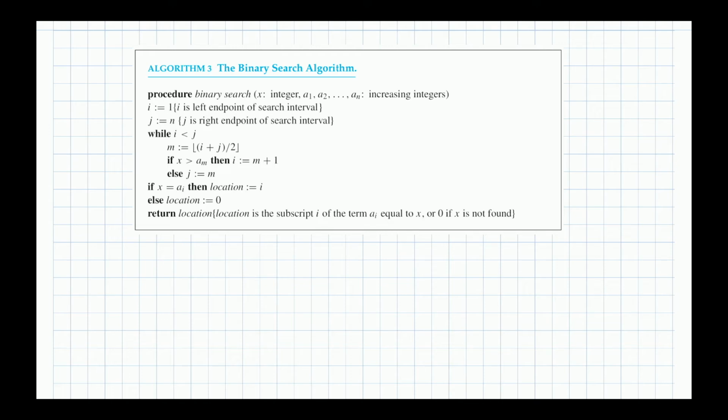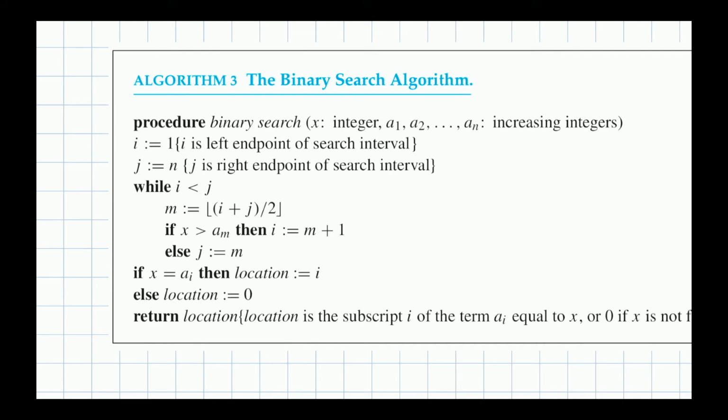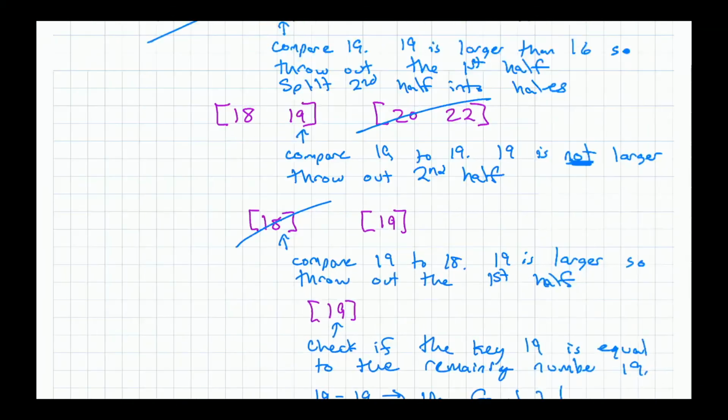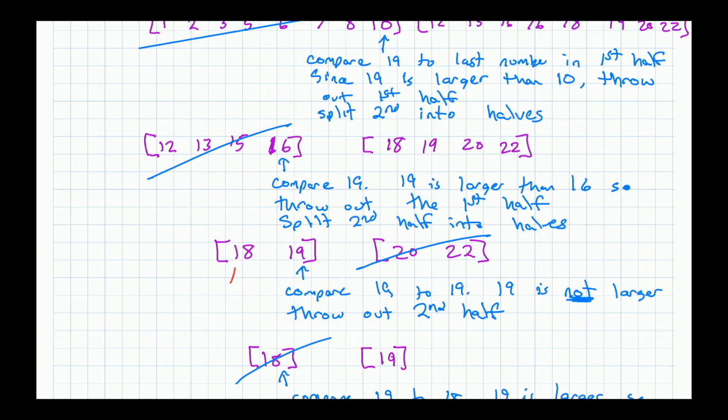But just the idea here is the way it works is you're always keeping track of a left endpoint of an interval and the right endpoint of an interval. Like when you get it down to here, for example, this is where the L is.